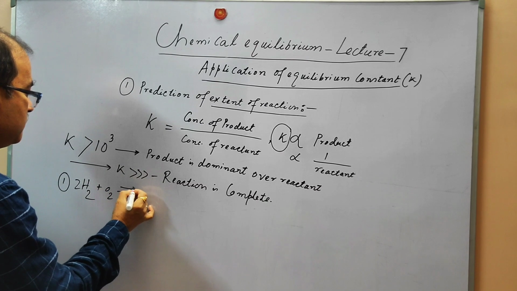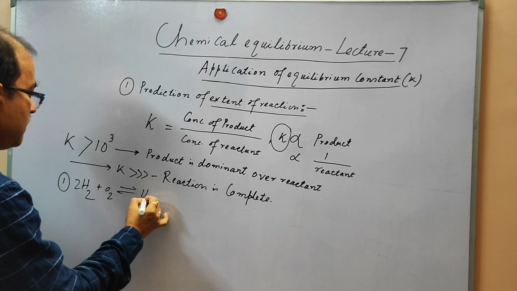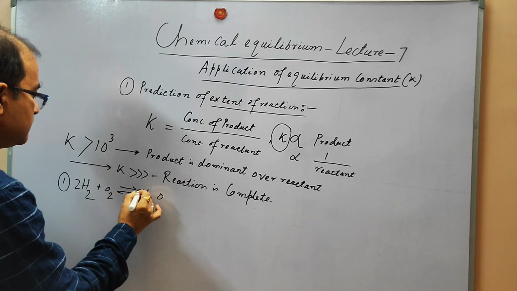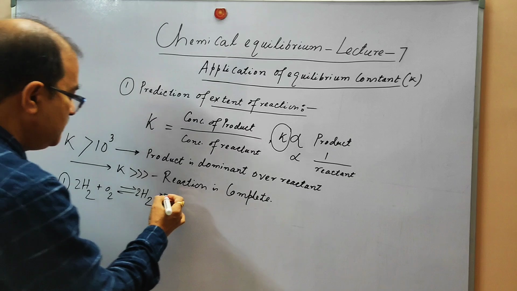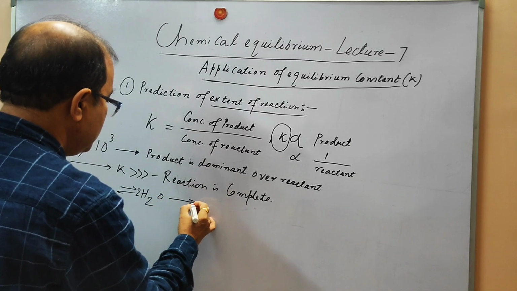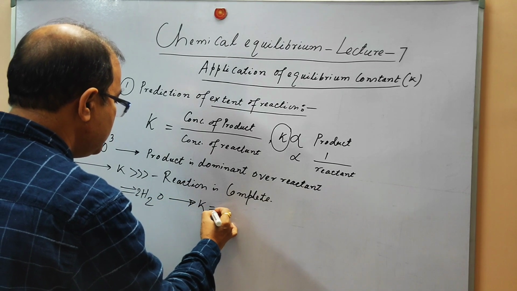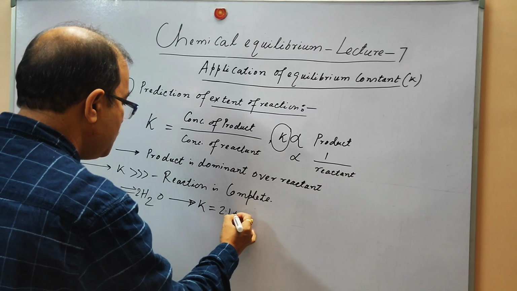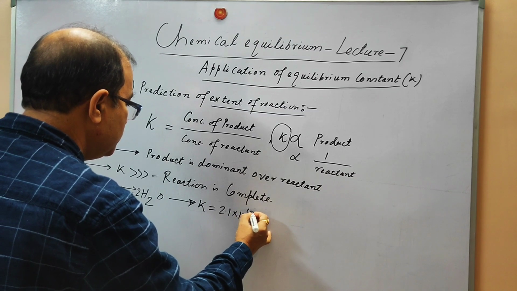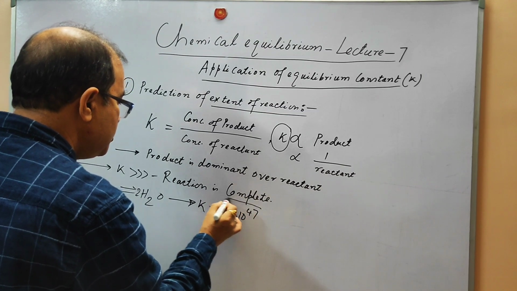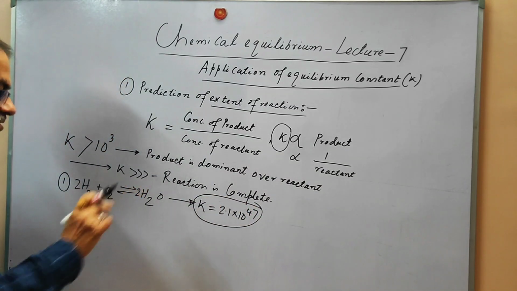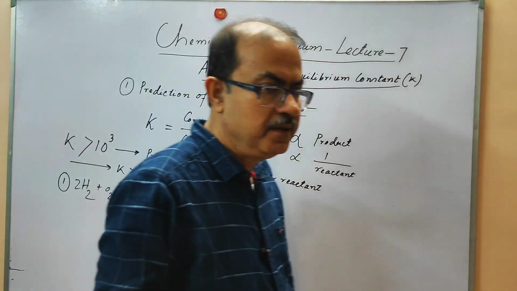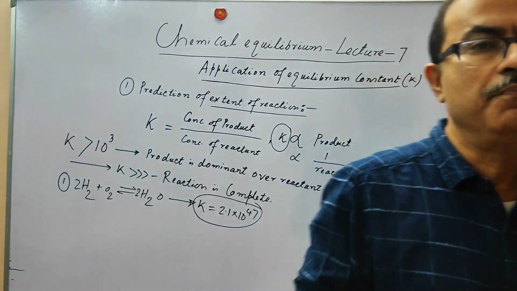This is a reversible reaction, but this reaction has a very high conversion speed. You can see its K value is 2.1 × 10^47. So its K value is very high, and that is why this reaction is on the verge of completion.